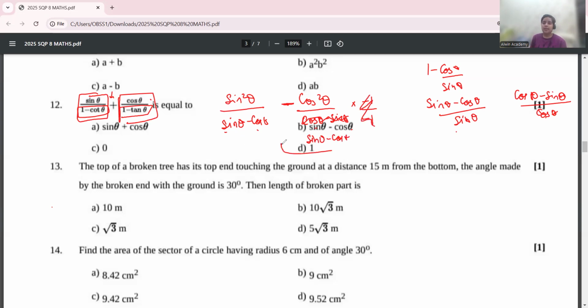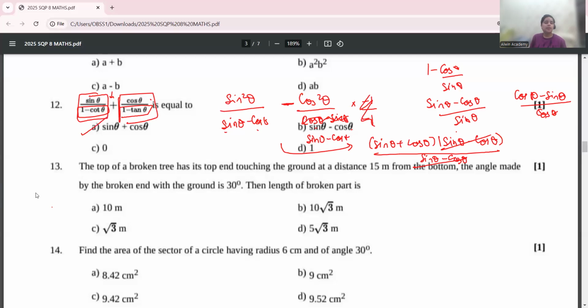When I take this one step further, we put in the identity of a square minus b square. We get sin theta plus cos theta into sin theta minus cos theta, and this complete is divided by sin theta minus cos theta. Sin theta minus cos theta gets cancelled. Answer is option number A.